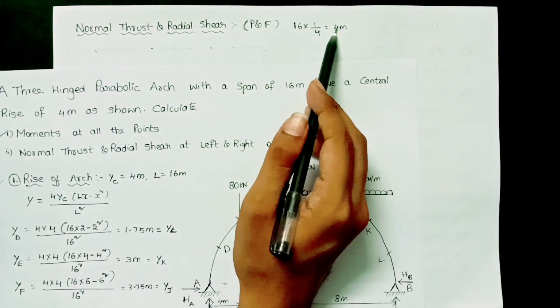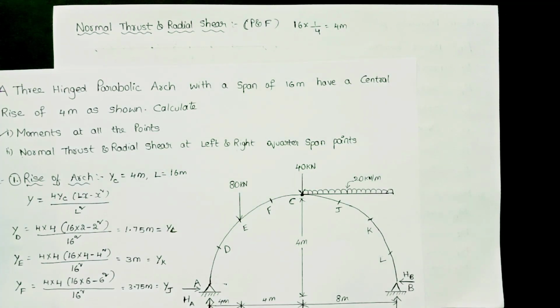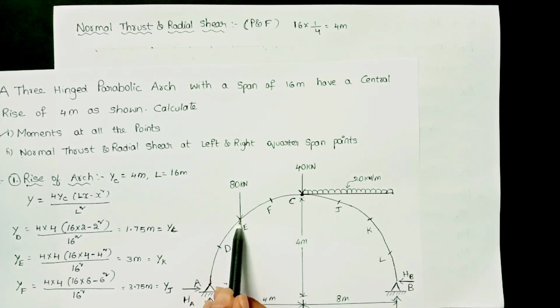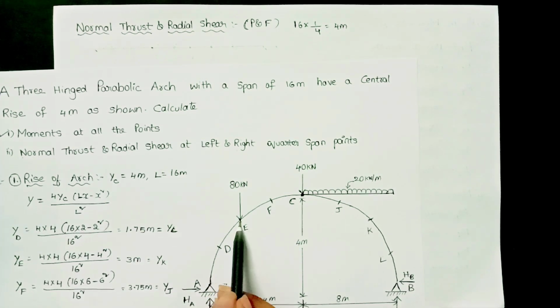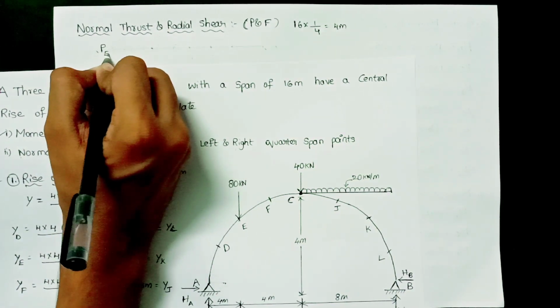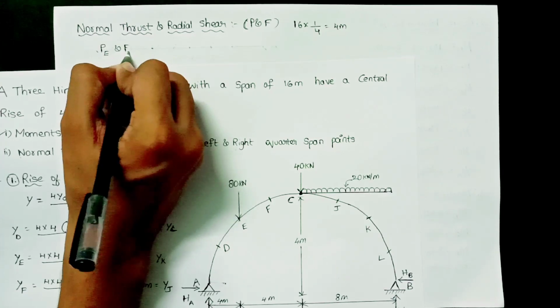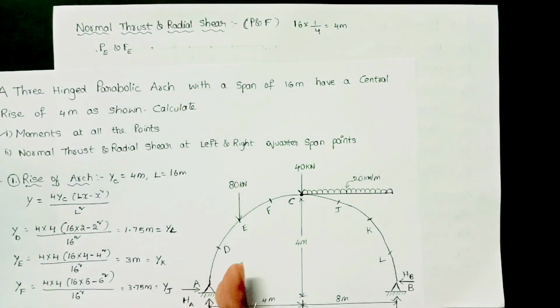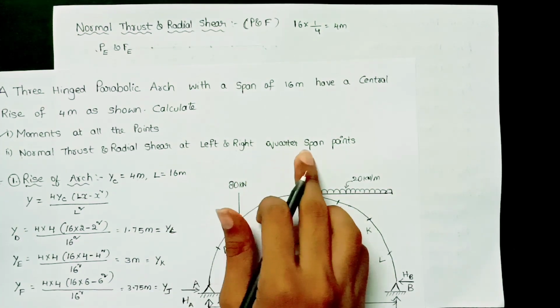So 4 meters from left support, this is the left support and this is the 4 meters. So at 4 meters we are having point E. So I have to calculate normal thrust at point E and radial shear at point E. This is the left quarter span point. In the question he also asked for the right quarter span.